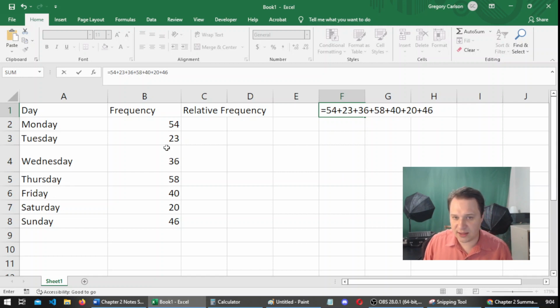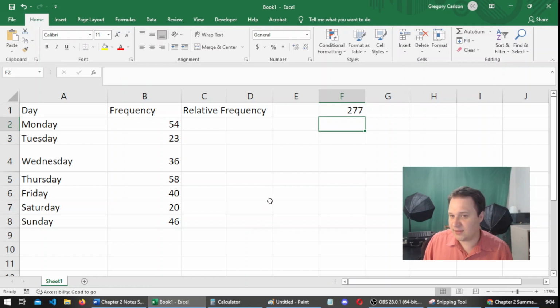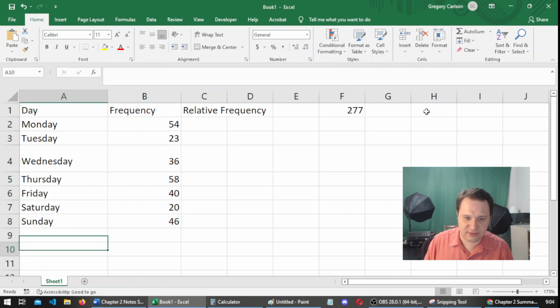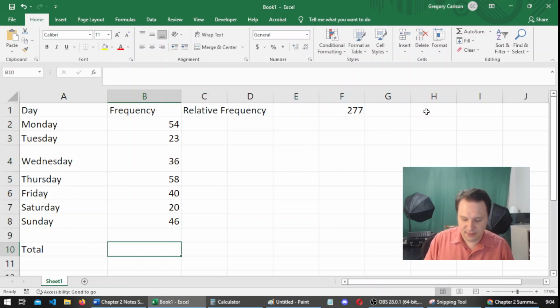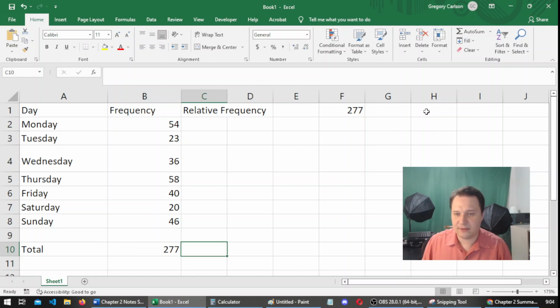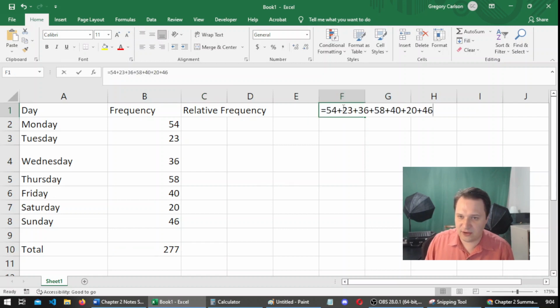Okay, double check that I got all the numbers correct. And so you can see that it's given me that the total is 277. So the total, in fact, why don't I put it down here? The total is 277. So that's really helpful. What I've done is I've added up all of the numbers. Here's another way I could have done that. All right, watch this.